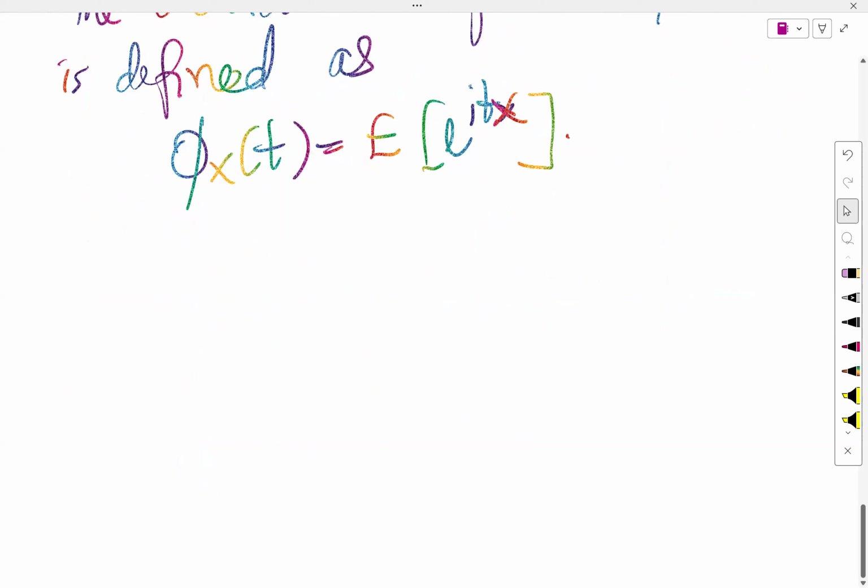Using, okay, let me change the color now.